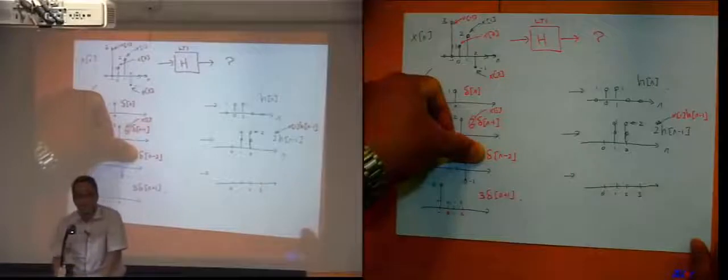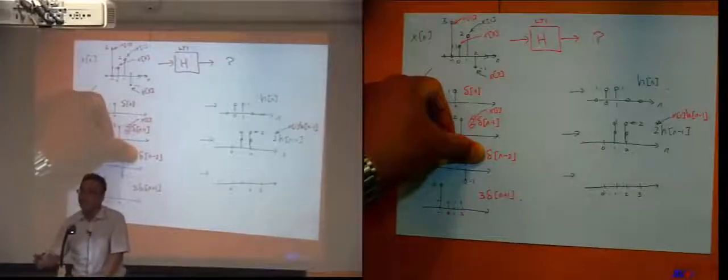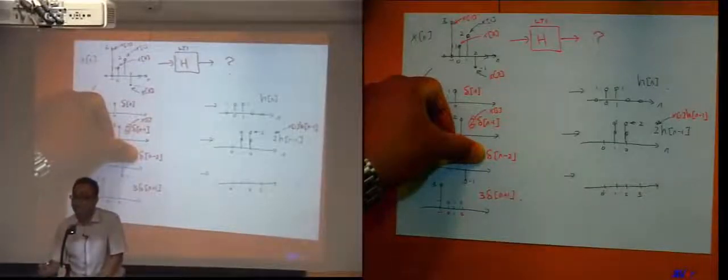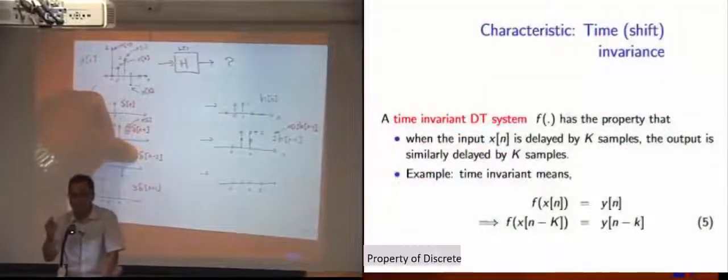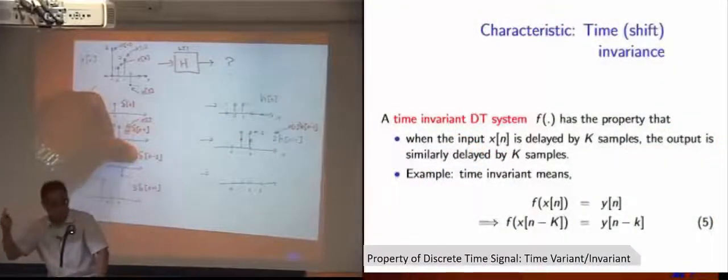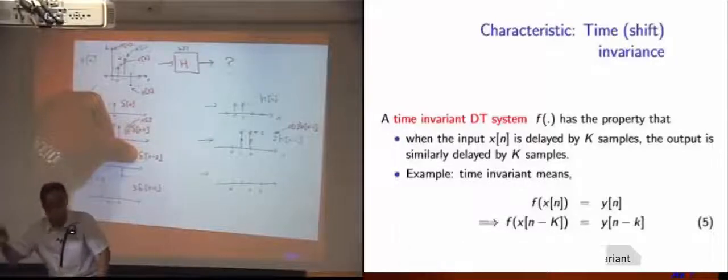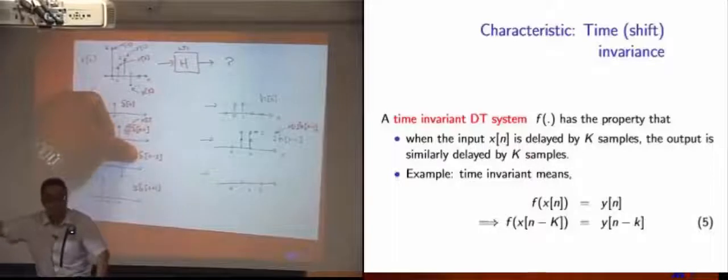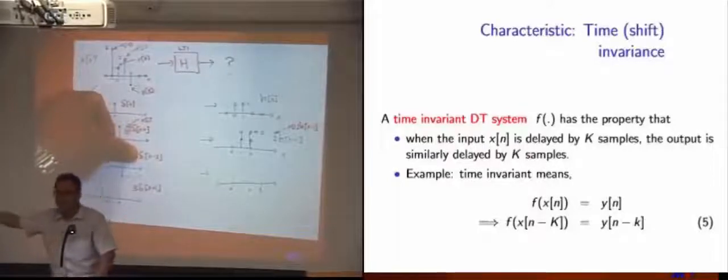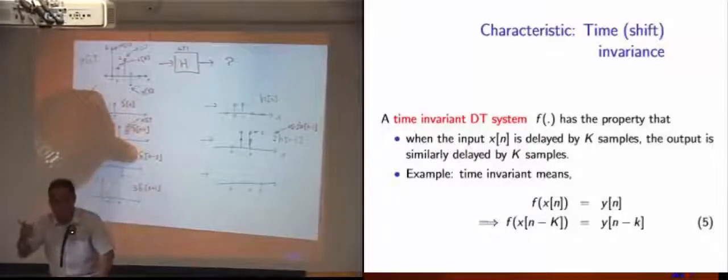Which property am I using here, linear or time invariant? Time invariant, because I'm firing the impulse at sample 2, the impulse response happens at sample 2, and the shape looks exactly the same. It is the time invariant property I'm using.